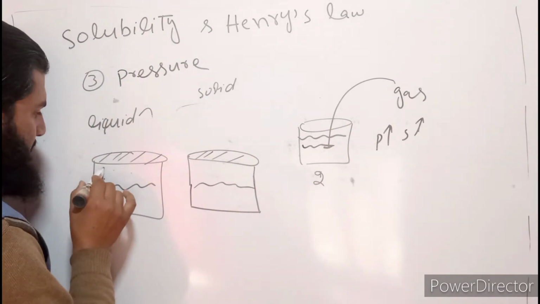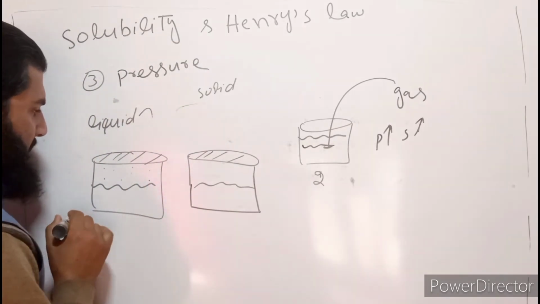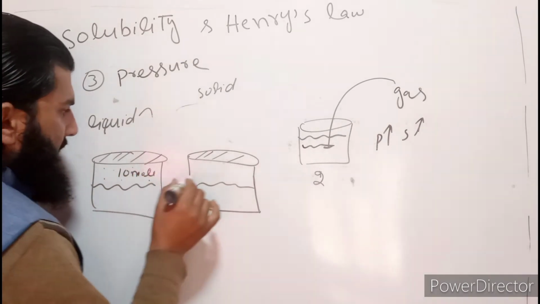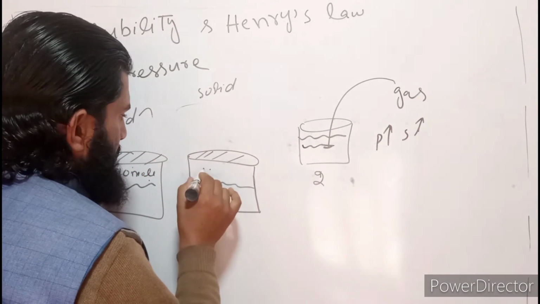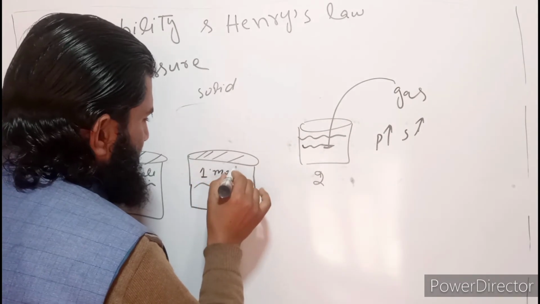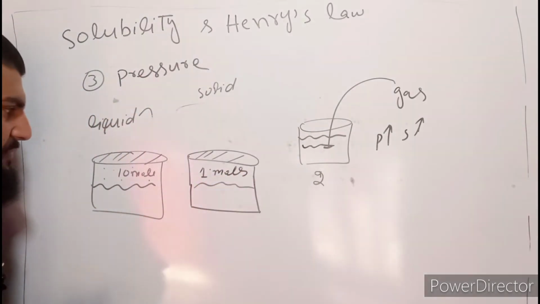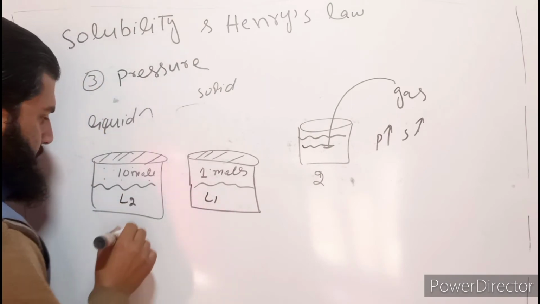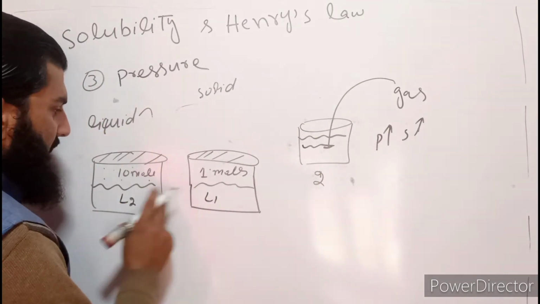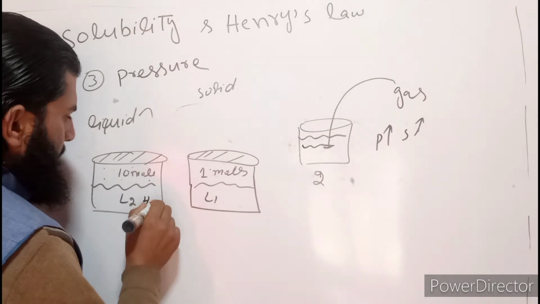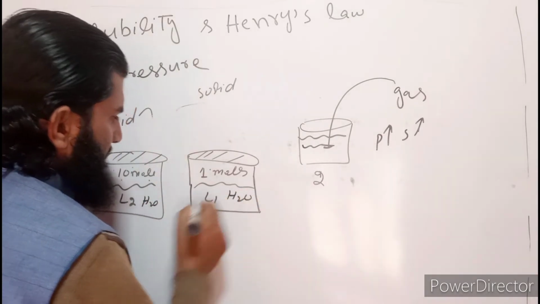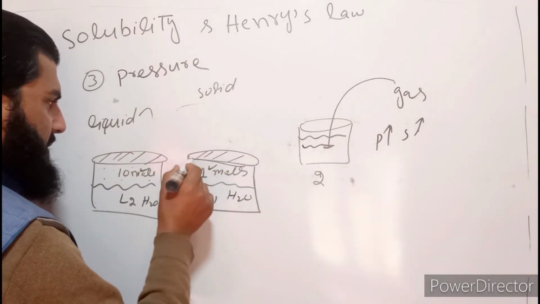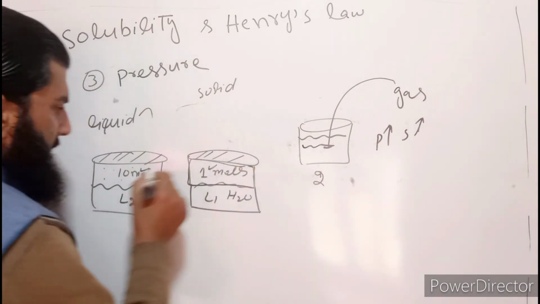Suppose there are 10 moles of gas here, and here there is 1 mole of this gas. Clear? This is liquid 1 and this is liquid 2. These two liquids are the same, suppose H2O and H2O. Clear? This is a gas and this is a gas in the vacuum. Clear? In the empty space.